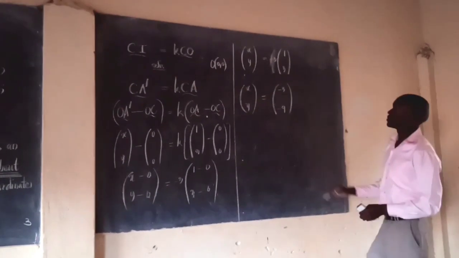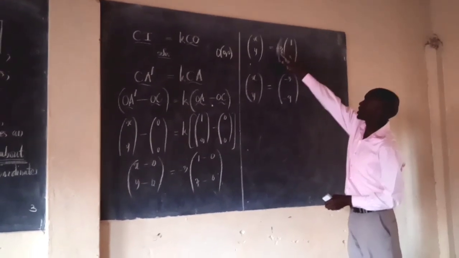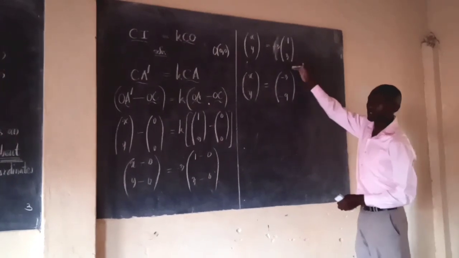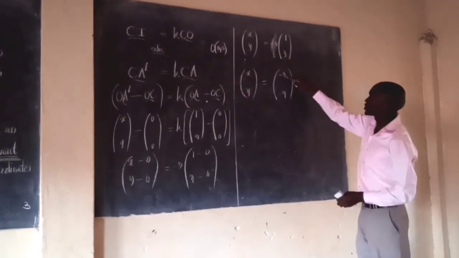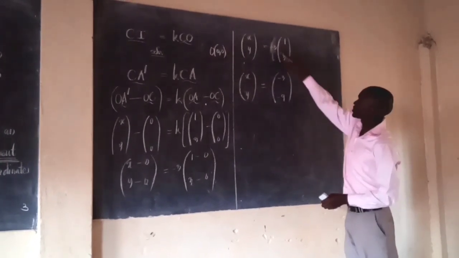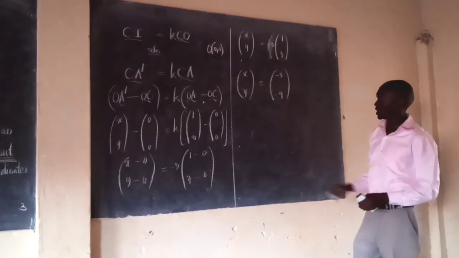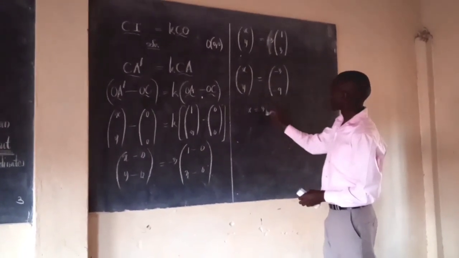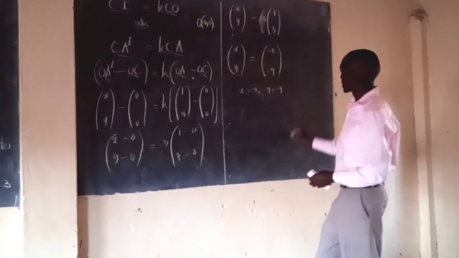Remember, from matrices, whenever a constant is pre-multiplied into a matrix, it hits every entry. So negative 3 multiplies 1 to give us negative 3. Negative 3 multiplies 3 to give us negative 9. And therefore, x is negative 3 and y is negative 9.